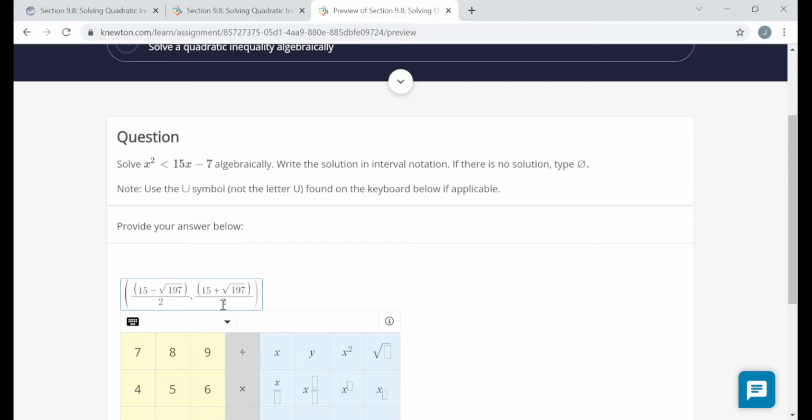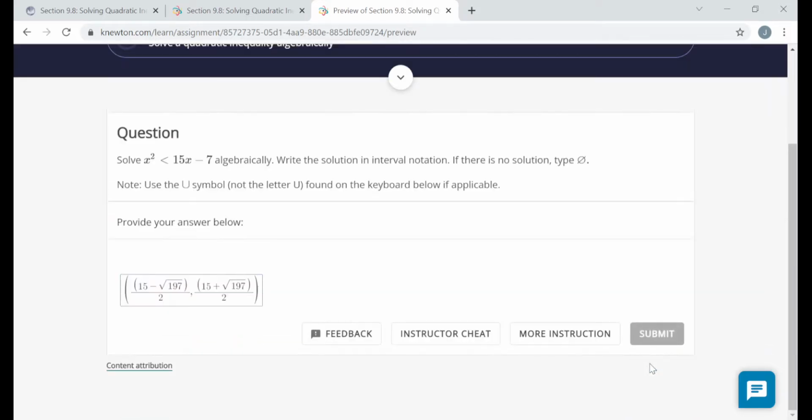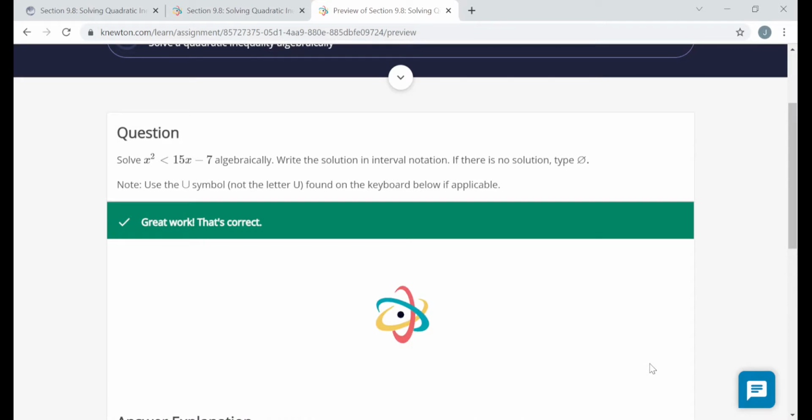And then close the parentheses on the interval. All right, and that should be good. Wonderful.